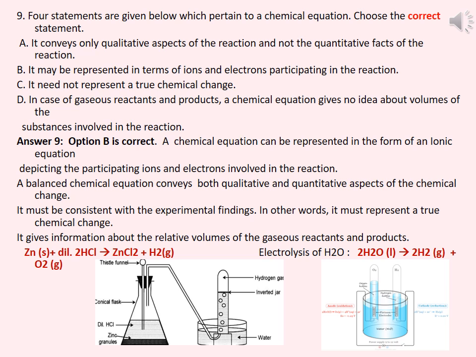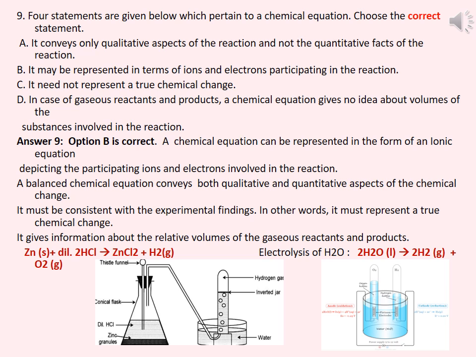How many moles of the reactants are participating, how many moles of the products are formed, how many molecules of the reactants are participating, 2, 3, 4 of one compound, the other compound, etc. And also the number of moles of the products which are formed.